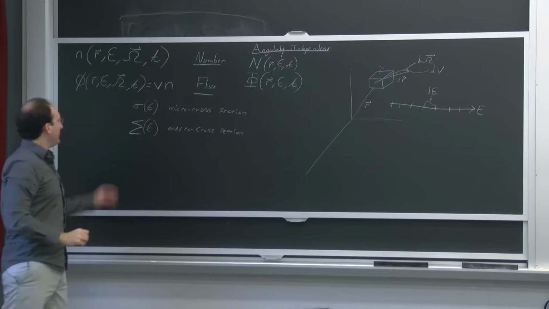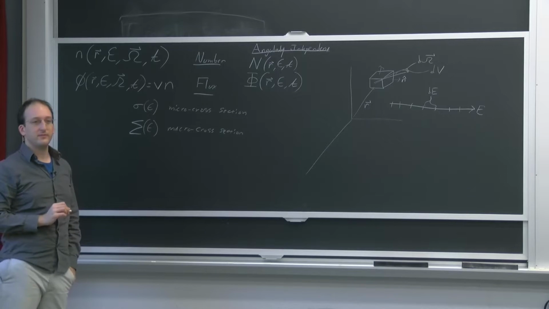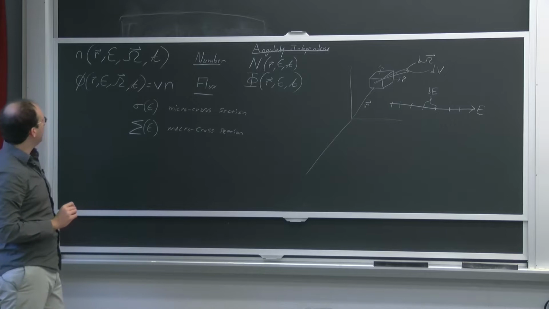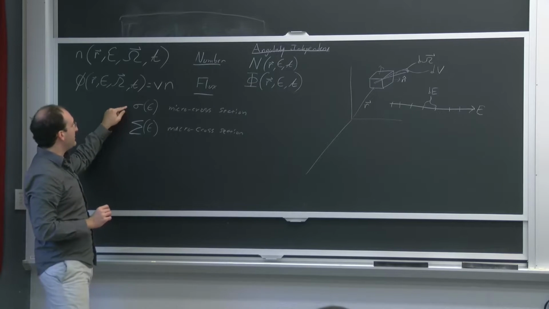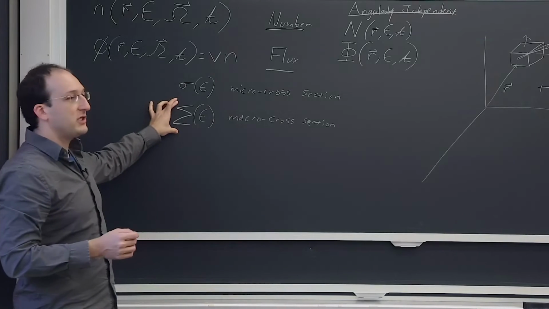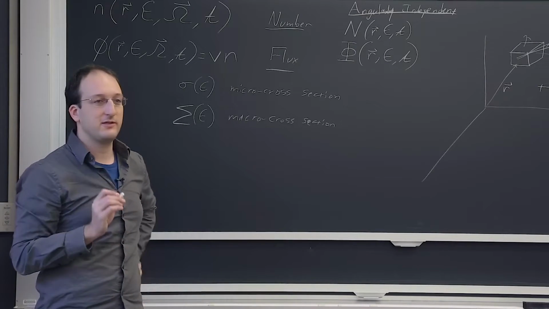Does anyone remember the relation between these two? The solid angle, not quite. What these physically mean is little sigma means the probability of interaction with one particle, and this is the total probability of interaction with all the particles that may be there. So, yeah, Chris?